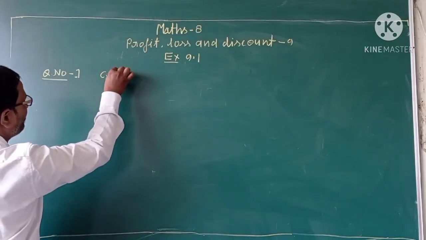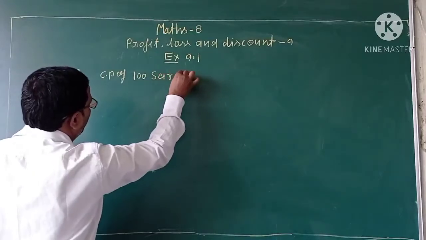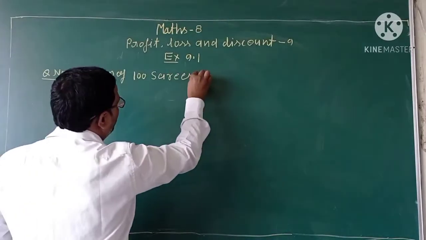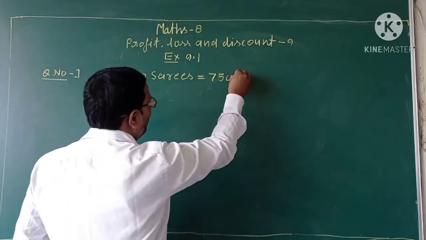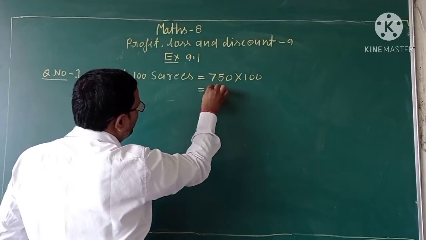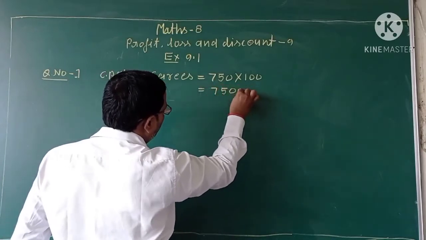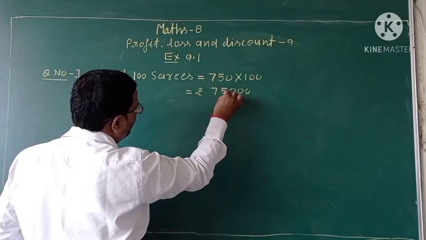See that, the CP of 100 sarees the shopkeeper purchased. CP of 100 sarees is equal to 750 rupees each, multiplied by 100, that is 75,000 rupees.